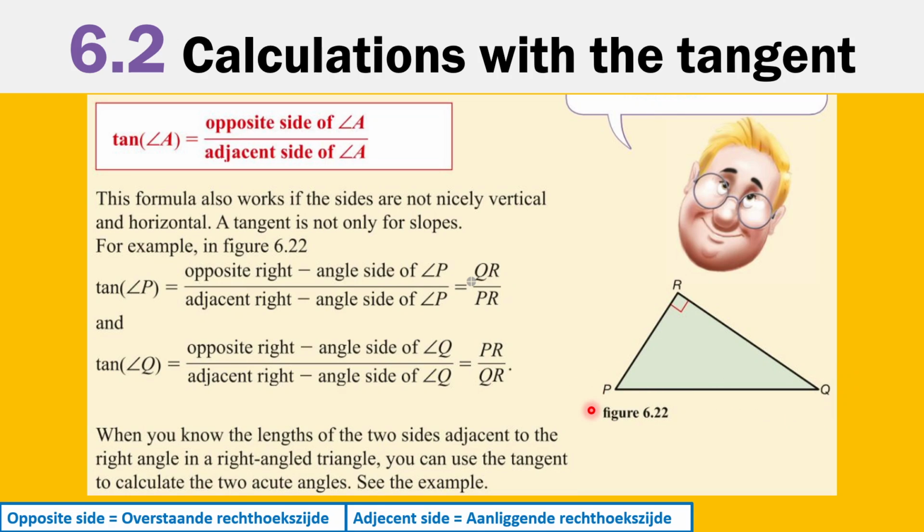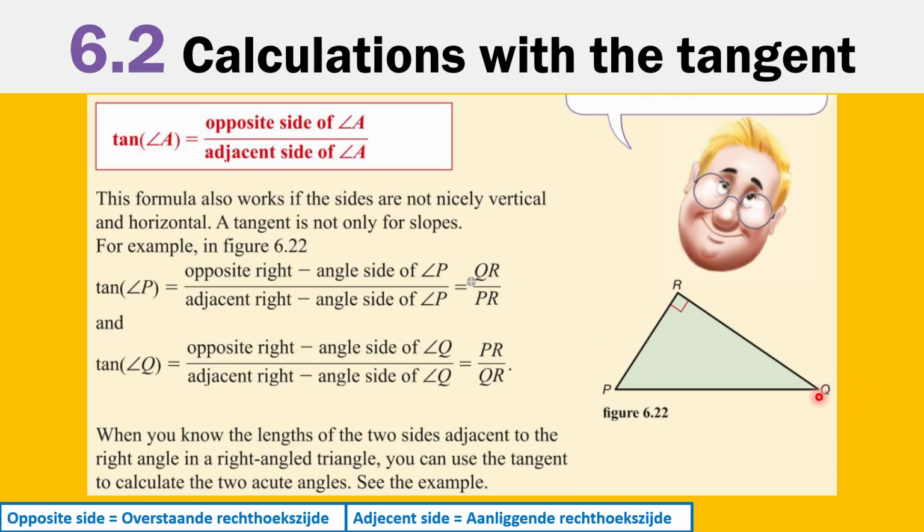It's the longest side. It's the one that is opposite to the right angle. So what are now the opposite side and the adjacent sides? Well, the opposite side is right here. This is QR. And PR, the one that touches it, is right here. So here the tangent of angle P is QR divided by PR.